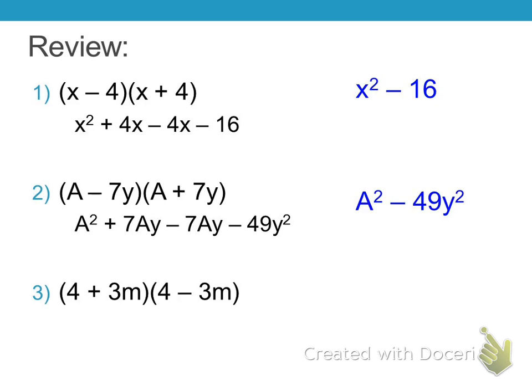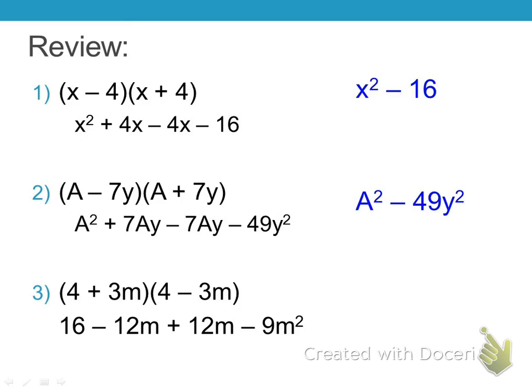All right, last practice. All right, so what happens on this one? You get 16 minus 12m plus 12m minus 9m squared.